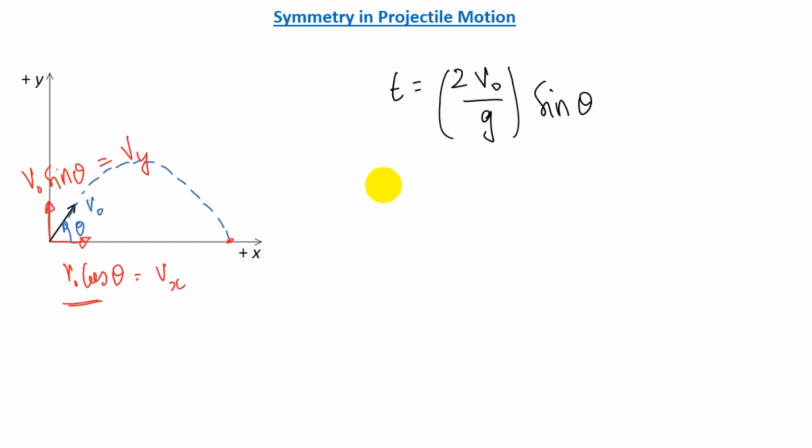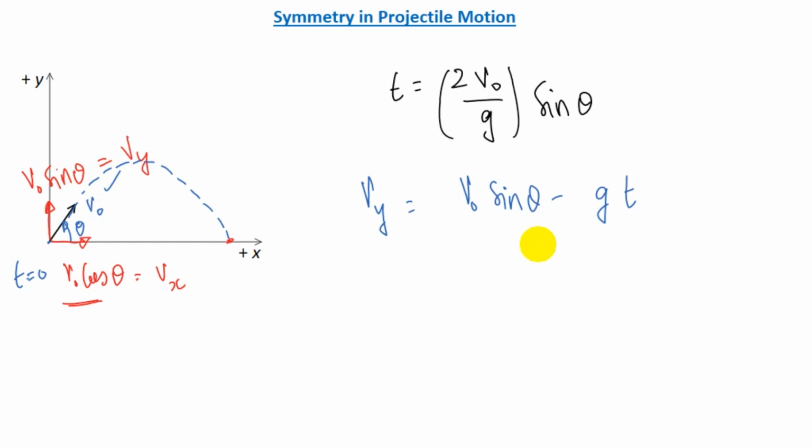Now the expression for vy is given by v0 sine theta minus gt. At time t equals 0, the projectile is here, and if you put t equals 0, the velocity for the projectile is v0 sine theta, which is this.